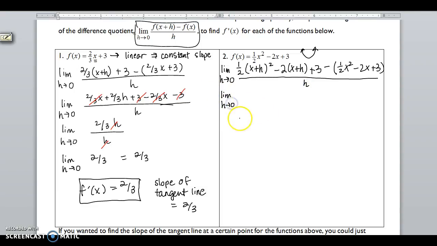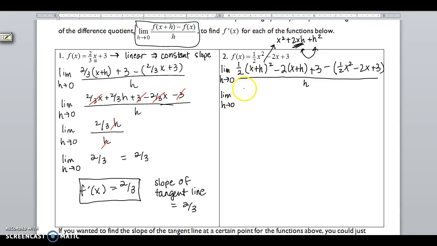Okay, up here, don't forget x plus h squared is x squared plus 2xh plus h squared. You have to expand it. It's x plus h times x plus h. Don't forget this middle term. That's what everybody forgets.